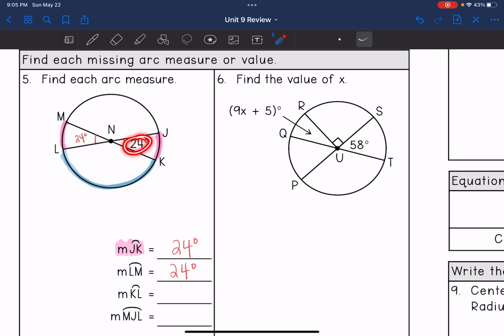So if I already know that this part is 24, we're going to do 180 minus 24, and that gives me 156. So this central angle is 156, which means that the arc KL is also 156.